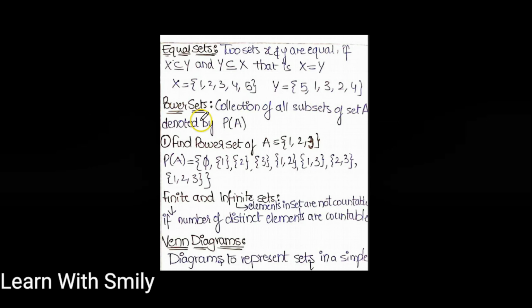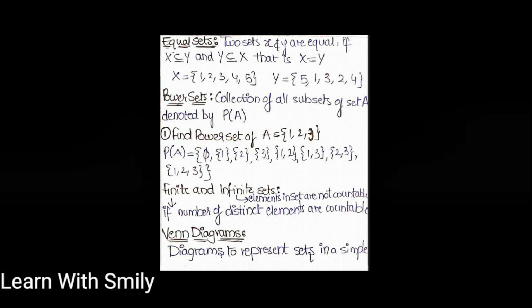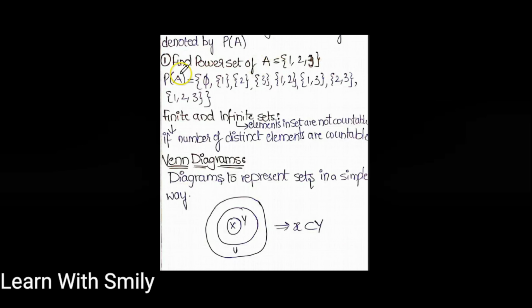Okay, then what is a power set? A power set is a collection of all subsets of a particular set. Suppose we take a set A, the collection of all its subsets is called the power set, and it is denoted by P(A). Let's find the power set of A equals {1, 2, 3}.